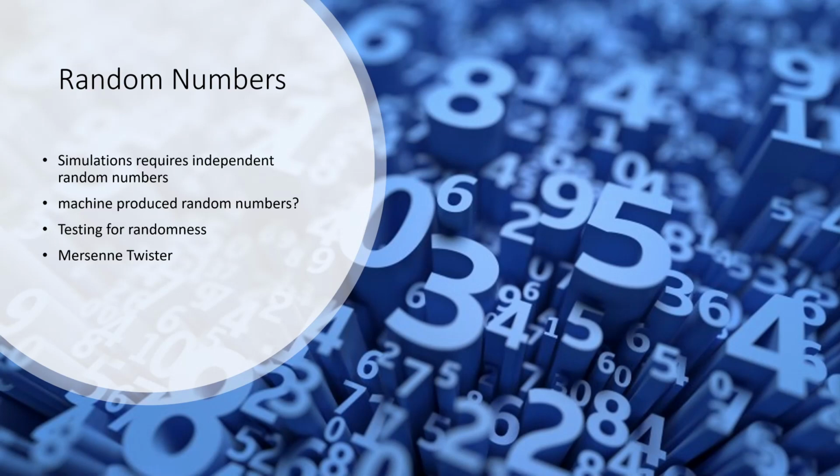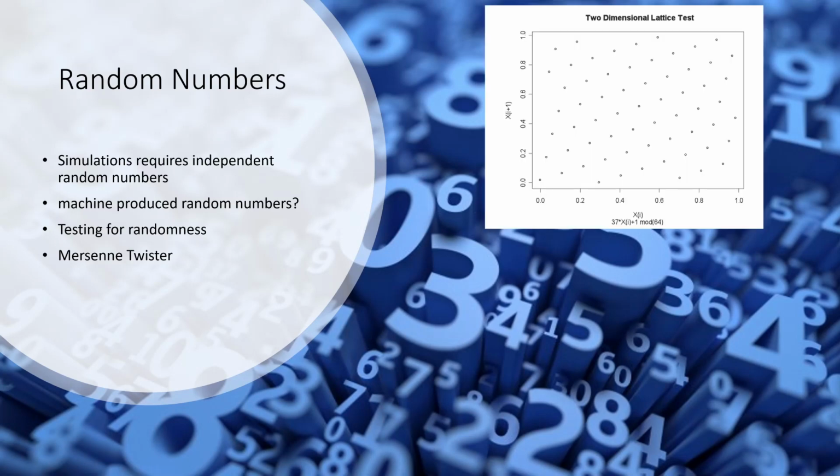So there are some tests. If you were to create an algorithm, you can test it to see how well it performs compared to other algorithms that do this. Here's a lattice test is what this is called, and you can see right away that the little algorithm there at the bottom, which does produce something that looks an awful lot like a random number, at least at first glance, definitely has a pattern to it.